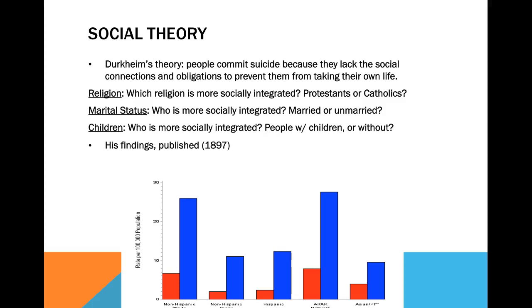Those are all Protestant religions. Usually in my class, people say that Protestant religions are more socially integrated or more socially connected. But I always have to correct them because it's actually Catholics who are more socially integrated.